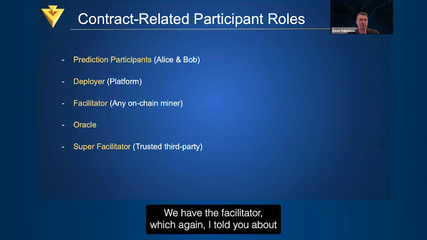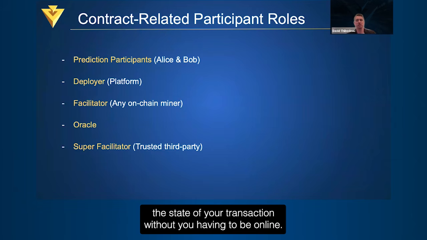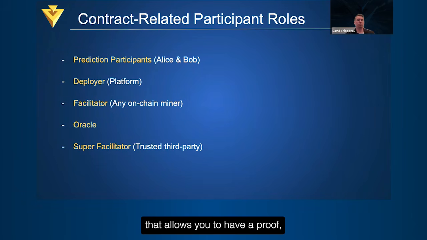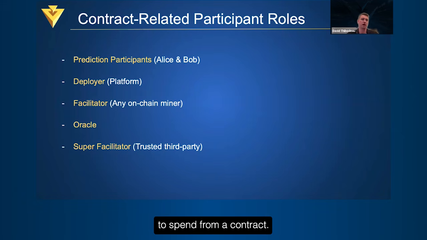We have the facilitator, which again, I told you about, is any on-chain entity or miner who chooses to advance the state of your transaction without you having to be online. We have the third-party oracle, which is the data provider that allows you to have a proof as to whether or not you won, which unlocks your ability to spend from a contract.